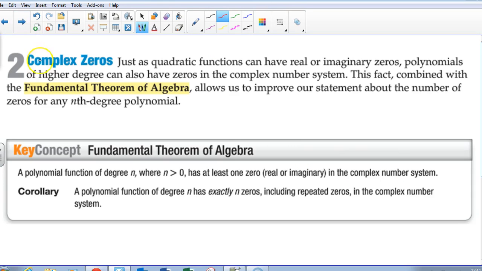Moving on. The fundamental theorem of algebra says that when we have a polynomial of degree n, that there should be that many zeros. Okay? They're not all real and they're not all rational. But when you have an odd degree, so if we had this, does there have to be at least one real zero?